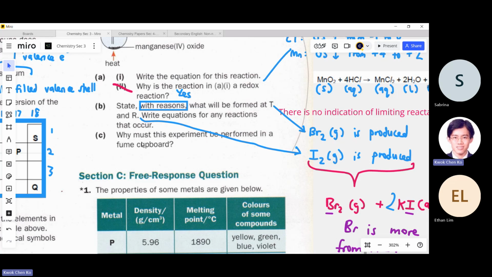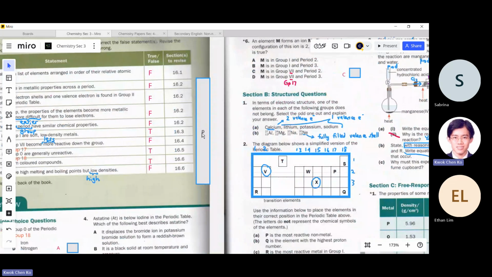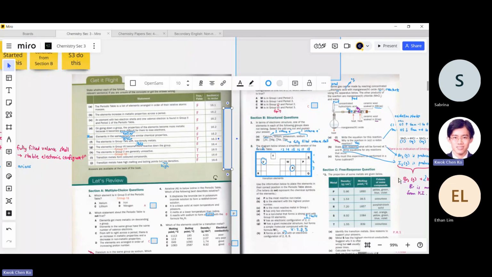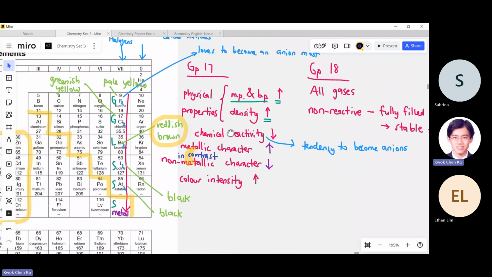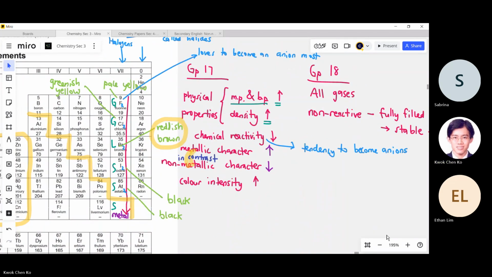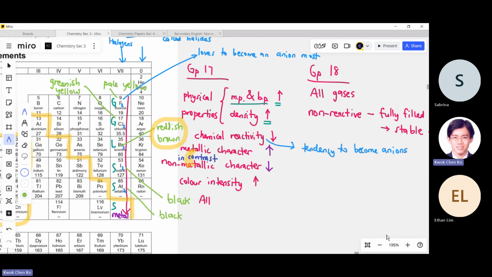Not bad, but he didn't give you the complete answer. Guys, can you add in, go back to your periodic table again? I did not mention this because it doesn't come out all the time. Go back to your group 17. Let's add one more property. All group 17 elements are toxic.